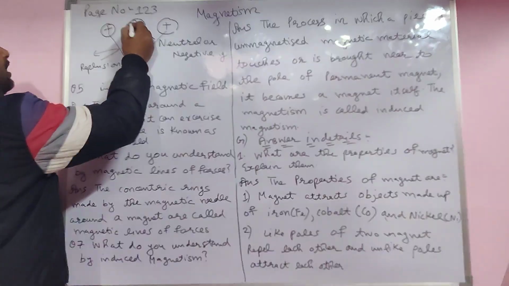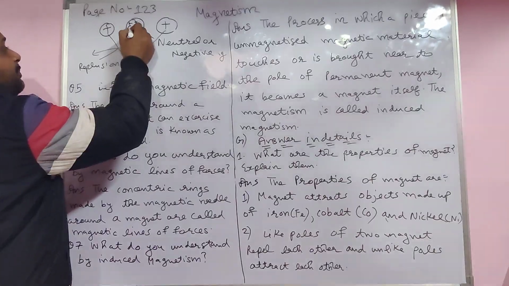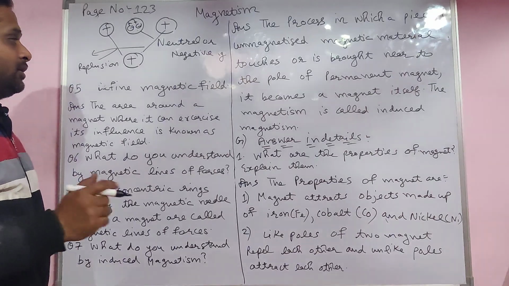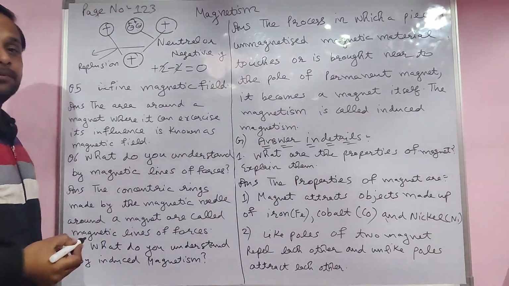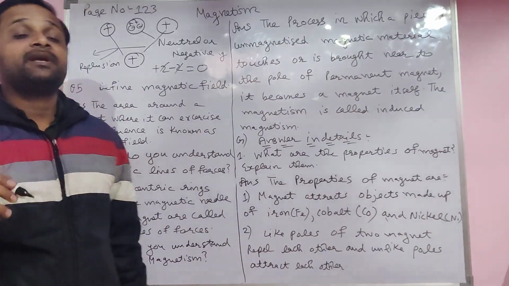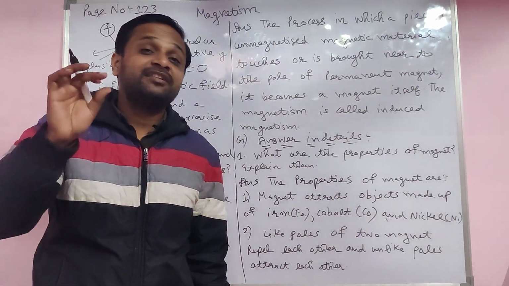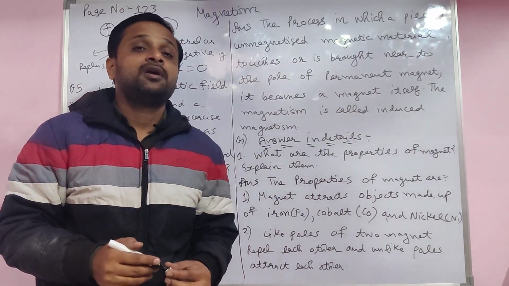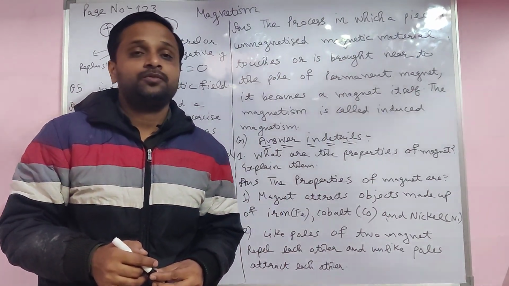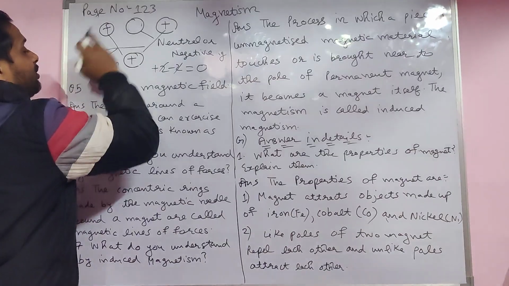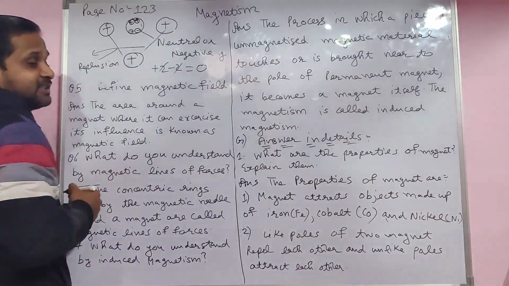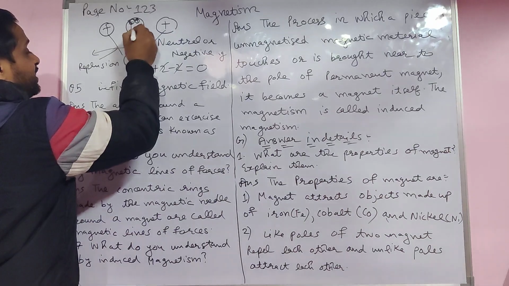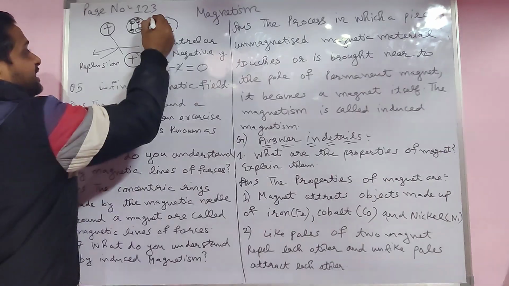If the body is neutral, neutral means it has equal positive and negative charge. For example, 2 positive and 2 negative means the body is neutral overall, zero charge. It does not mean it has no charge. It has charge, but the overall charge is zero. But when a positive charge comes near the neutral body, negative comes to this side and positive goes to that side, with a gap of distance d.